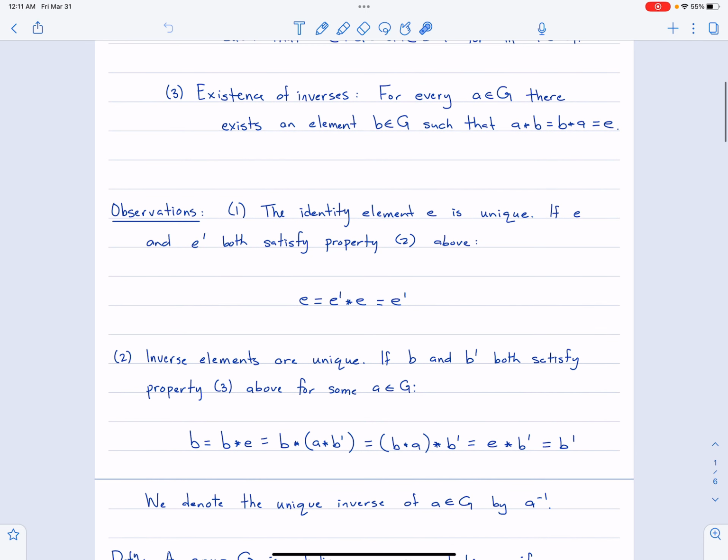The second thing you'll note is that inverse elements are also unique. And so we're going to see a similar proof. Suppose I have some element A of my group, and I have two group elements that I think might be inverses to A, or rather these two things satisfy property 3 above.